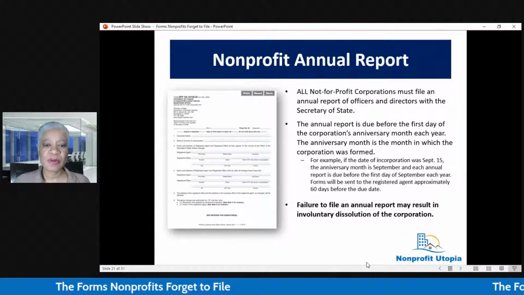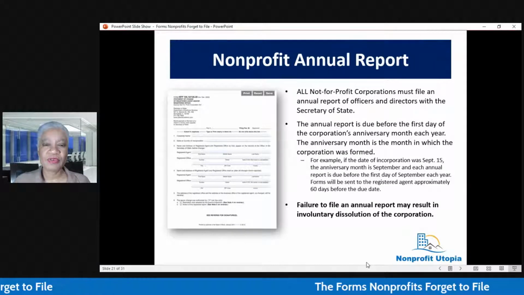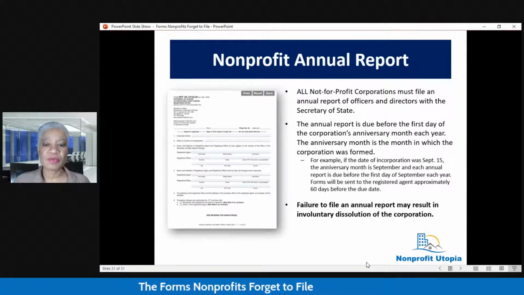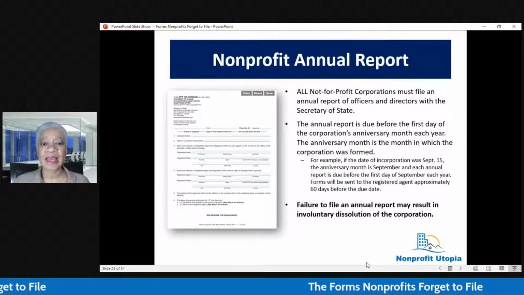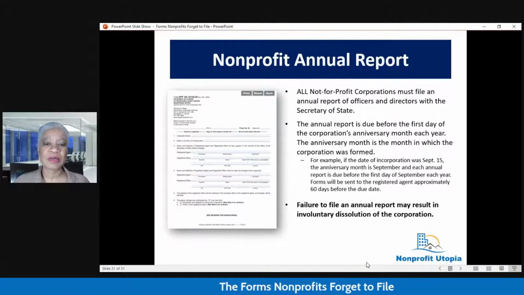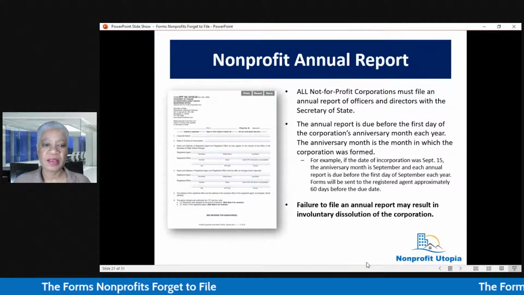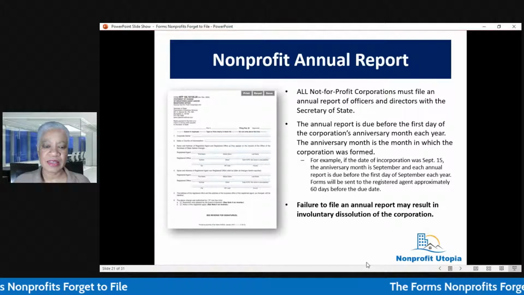The next form is the nonprofit annual report. If you're in the state of Illinois, this report is filed with the Secretary of State. Be careful not to download the annual report for for-profit organizations. There's one specifically for the nonprofit organizations.